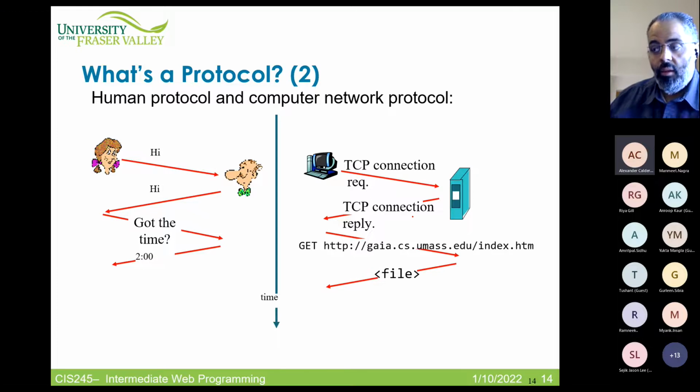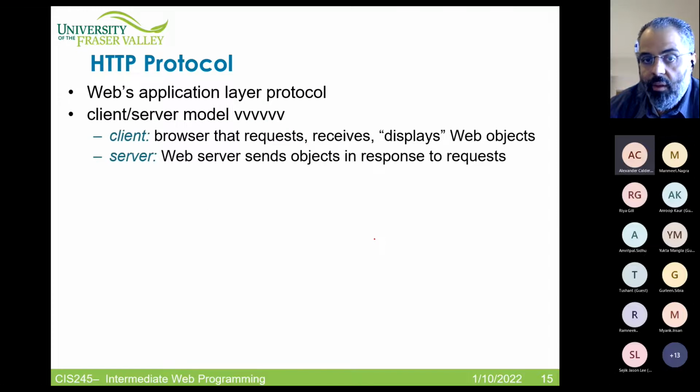And normally in the internet, when we are going to access a website, it is client-server. So there is always a request and reply, request and reply, between these two entities, the client and the server. I said the client is the browser.